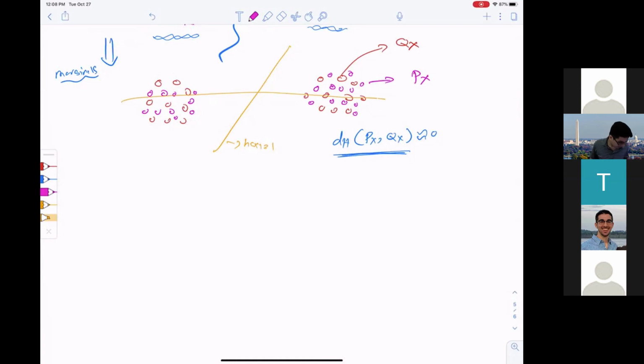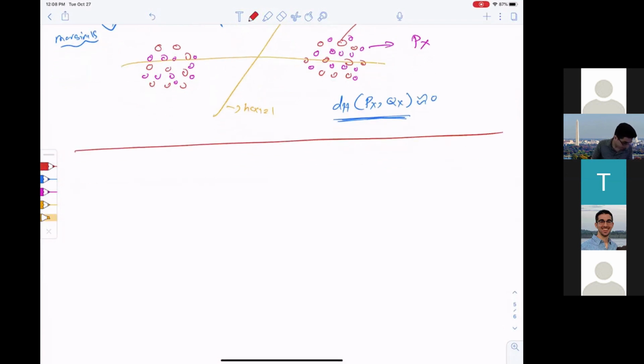All right, so let me move on. The H divergence that we defined has one main property: it can be easily estimated. Let me first state this lemma and then say how we can estimate it in practice.